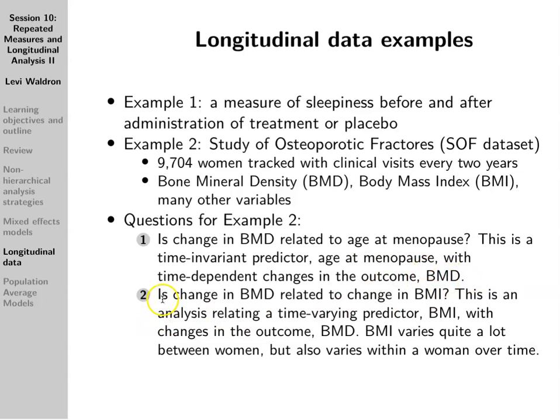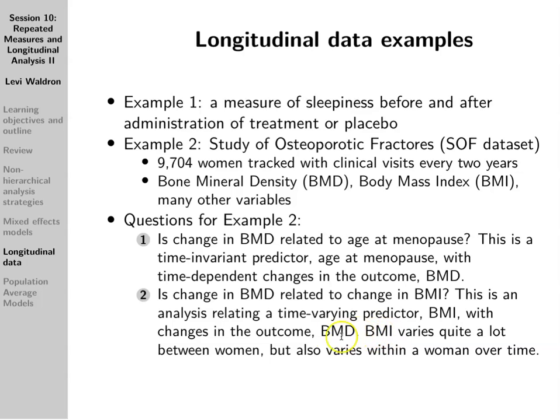The second example is change in bone mineral density related to a change in body mass index. This is an analysis relating to a time varying predictor, BMI, something that changes for each individual over time, with also a time-dependent outcome, the bone mineral density.